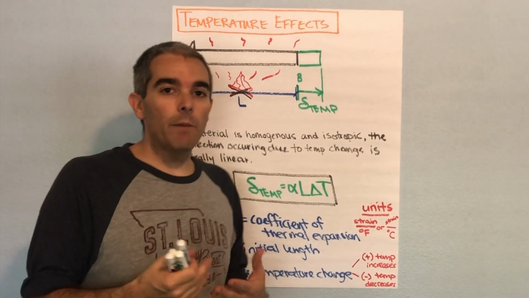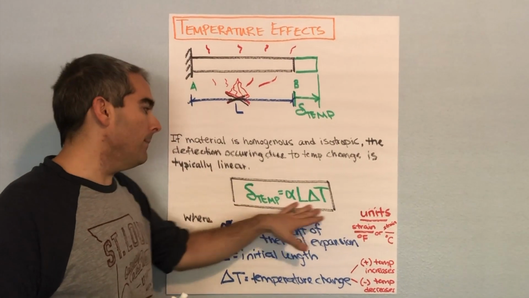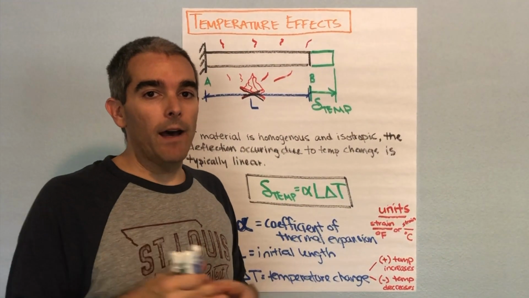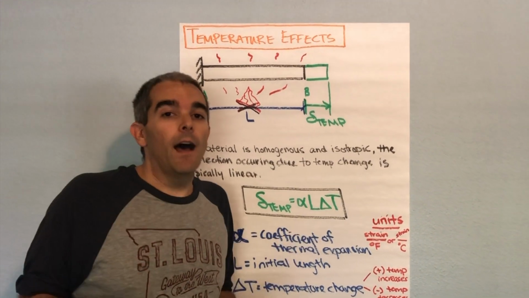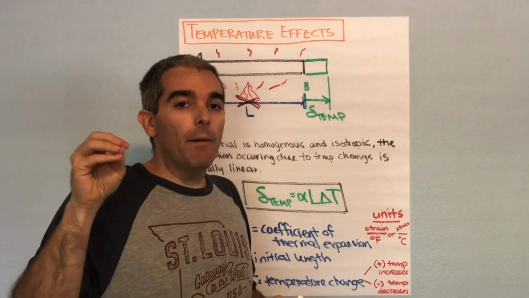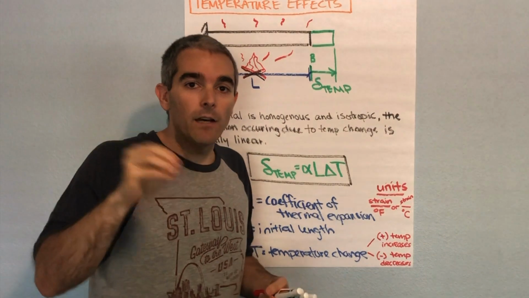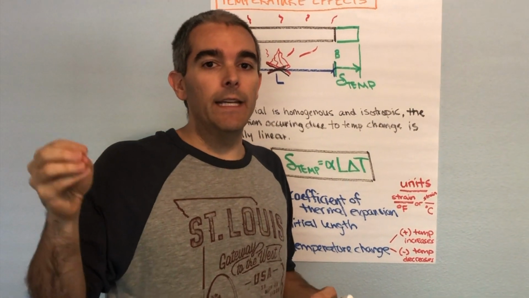The final thing I just want to point out is this delta temp. Remember when we talked about loads, when we talked about the force, we said that we could come up with the deflection due to a force, and that deflection was delta equals PL over EA.